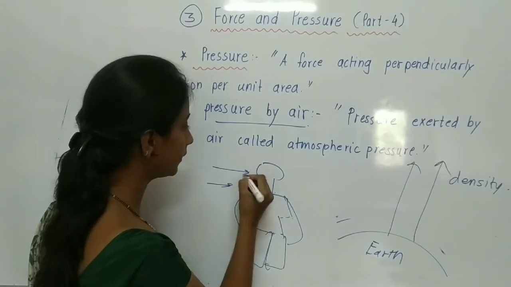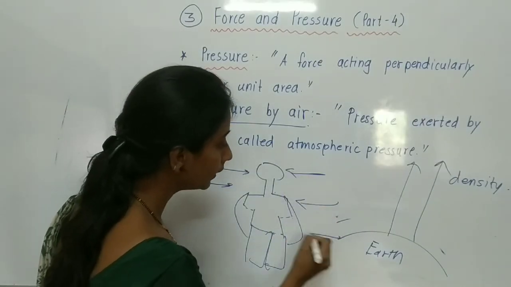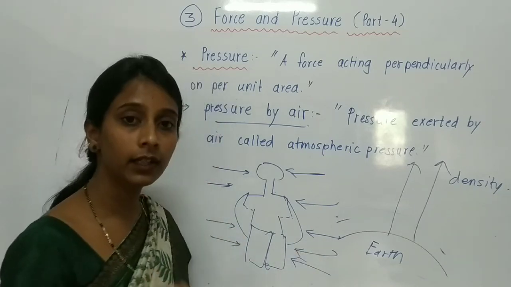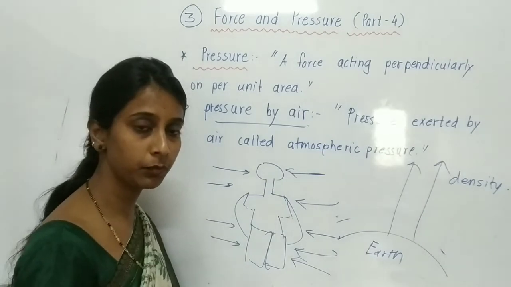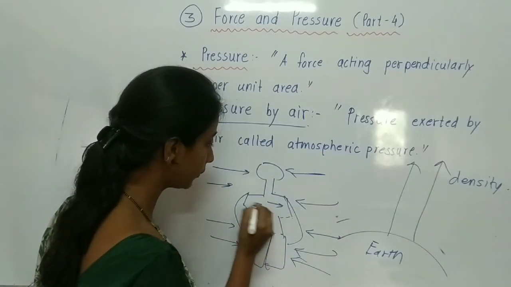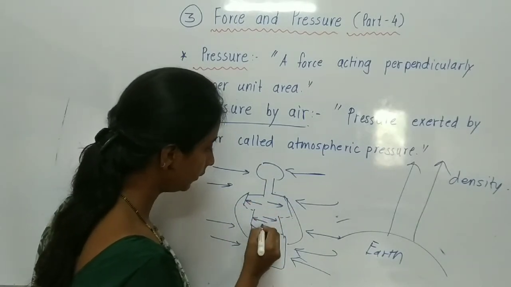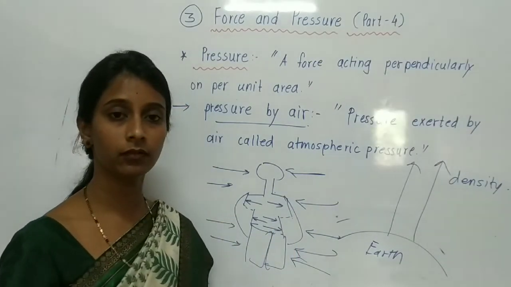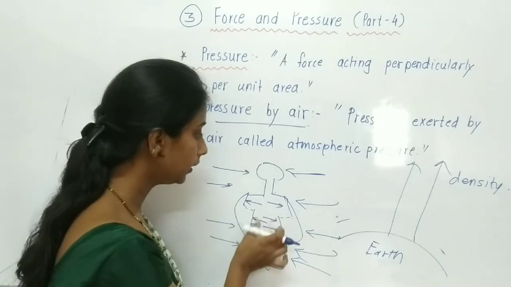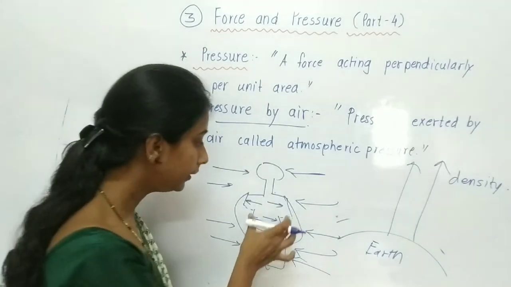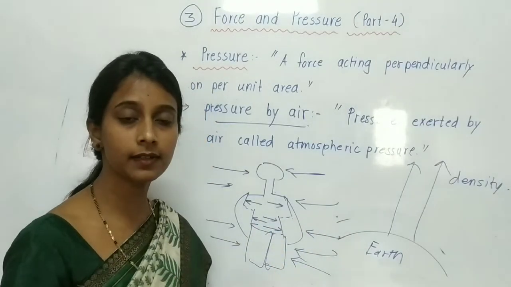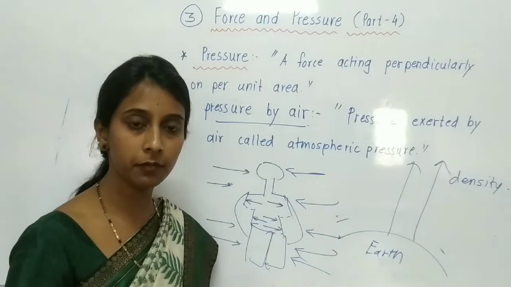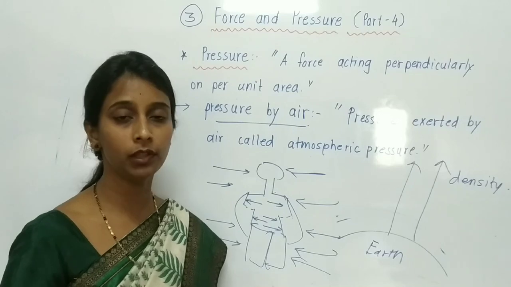Air exerts pressure from all directions, the same pressure from outside of our body. Also air and liquid exert pressure from the inner part of our body, and both the pressures are the same, so we cannot feel any problem of breathing.